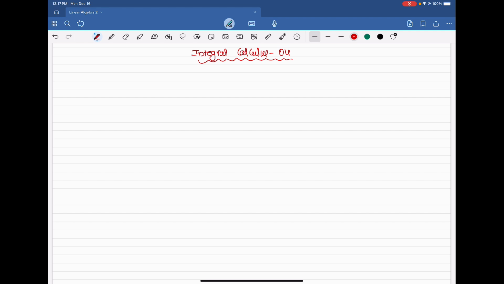In the last class, we have seen that a sum of series can be represented as a definite integral, like limit n tends to infinity, sigma p is equal to 1 to n, 1 by n function p by n is equal to integral 0 to 1 function x dx.